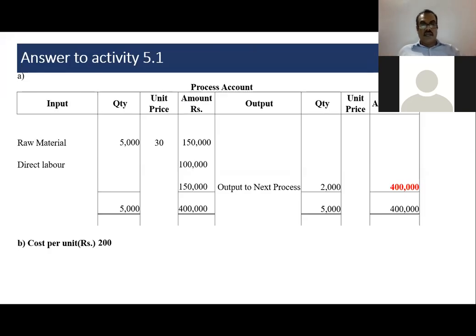Yes, the last 150,000 is overheads, and that total value is divided by the units. In the past, when we followed manual accounting in T accounts, we used to have these memorandum columns. Nowadays we don't have memorandum columns in the unit account, because in a computerized environment the values are ascertained and the units are somewhere else. Unit cost is calculated automatically in management accounting, and we do not prepare like this unless we maintain manual accounts.